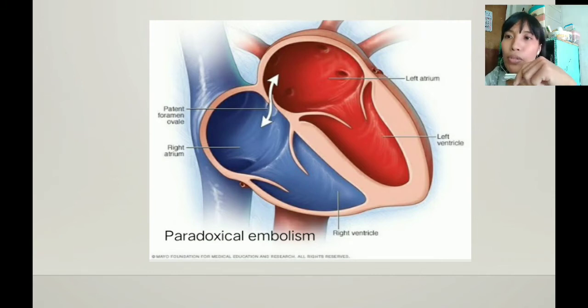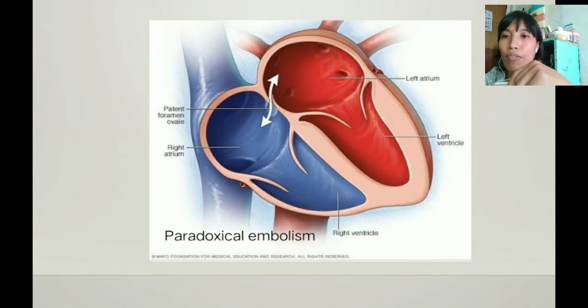Let's say for example, an embolus from the deep vein happens to detach from its point of origin, go with the flow of blood and into the caudal vena cava, entering the right atrium, and from there, instead of going down to the right ventricle and into the pulmonary artery, the embolus will pass through the foramen ovale going to the left atrium.